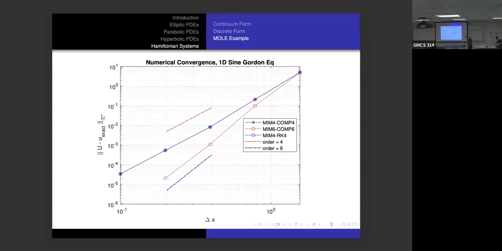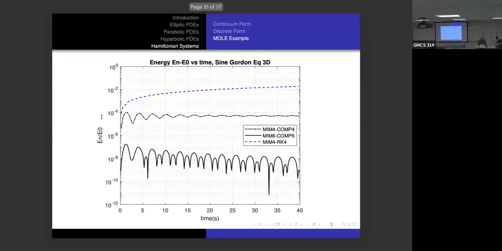We got mimetic fourth with the symplectic integration order 4, and 6 and 6, and then we also did the Runge-Kutta. When you look at the energy, again, all the other ones conserve energy, but the Runge-Kutta starts building up. So if you are going to solve a problem where you're interested in energy conservation, don't use Runge-Kutta.